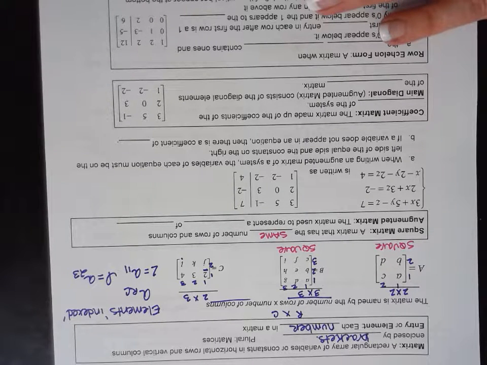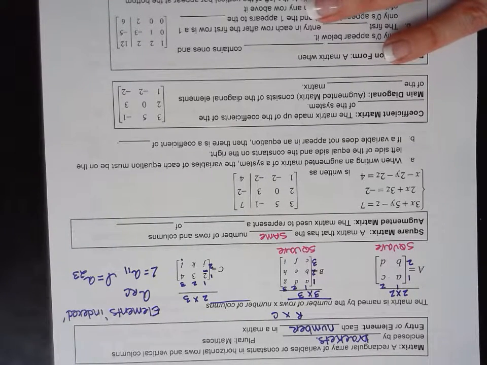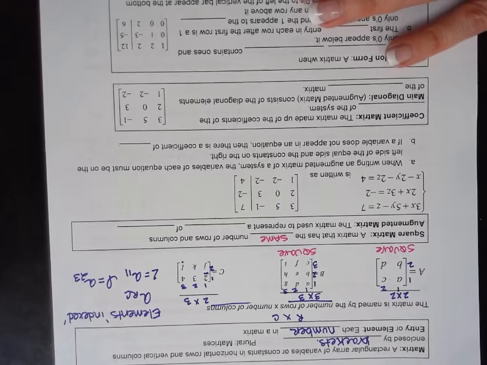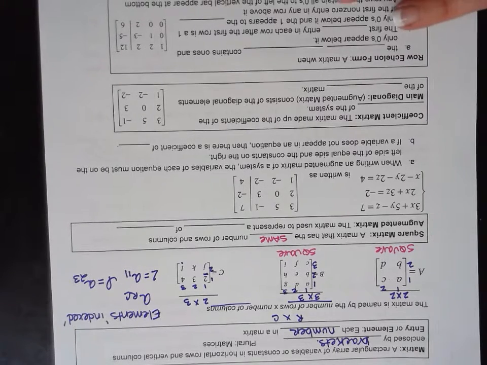Good? We call that a square matrix. Honestly, the only reason we need it to be square is for a method that we're going to use later on. It doesn't really matter.